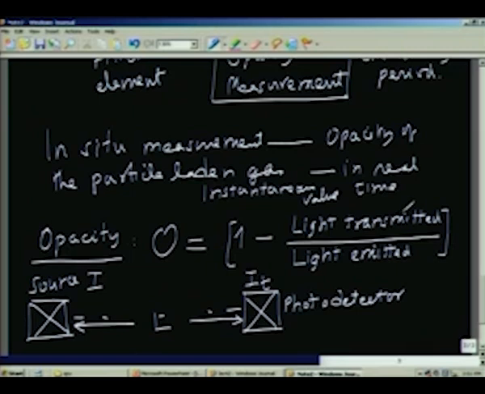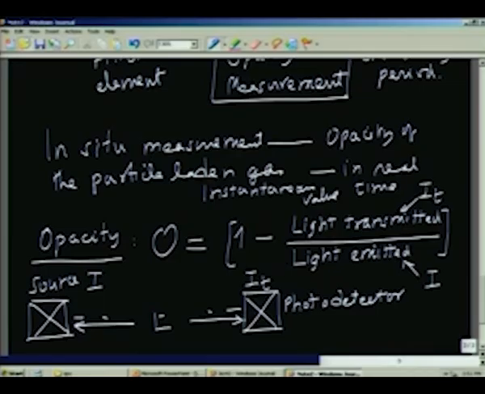So, this is your I t, and this is your I which is leaving. So, opacity is nothing but 1 minus the light transmitted divided by light emitted. In other words, this is what is available at the end at the photo detector.